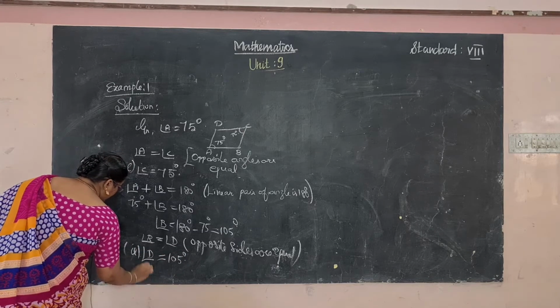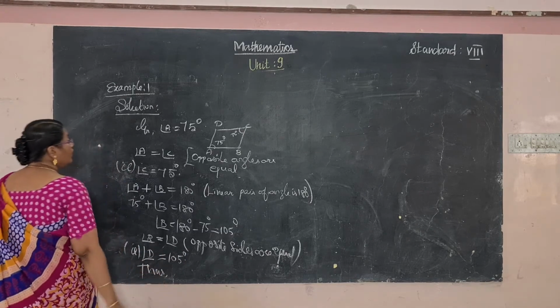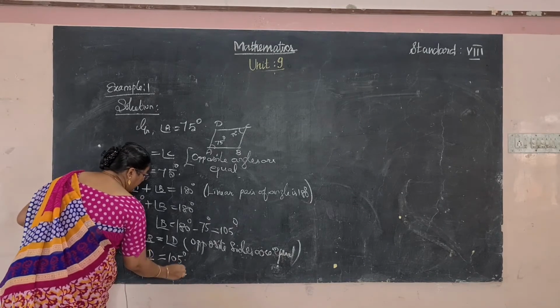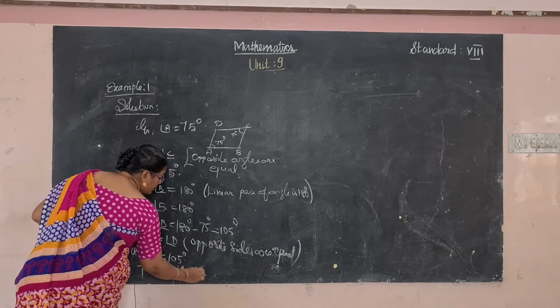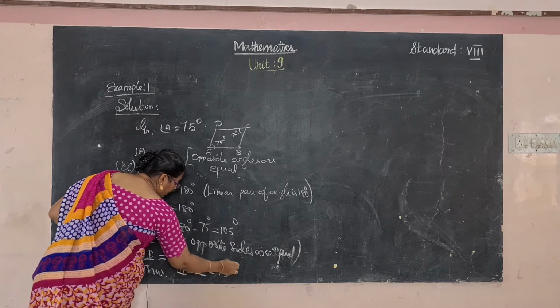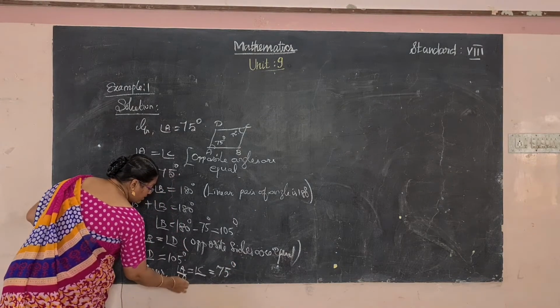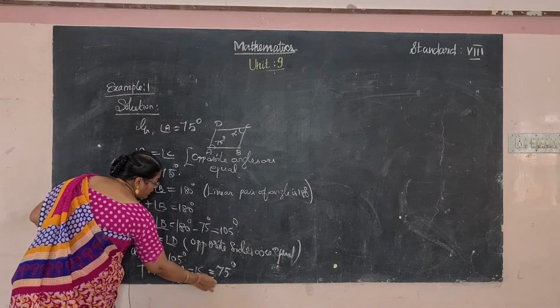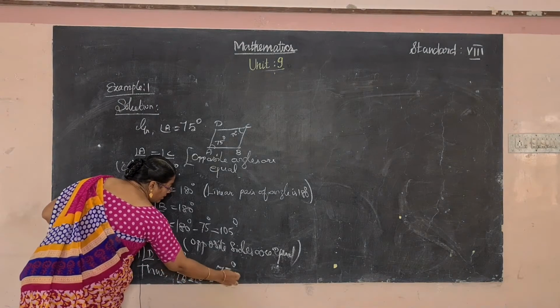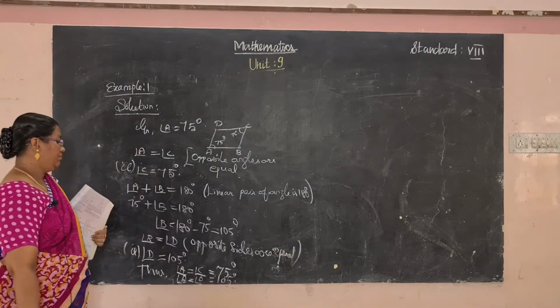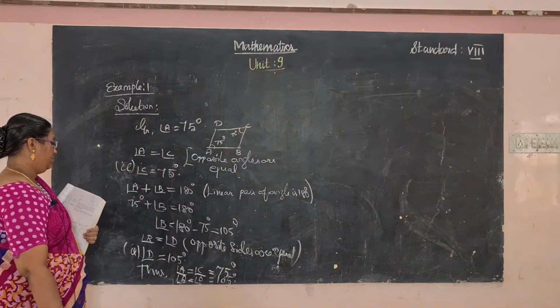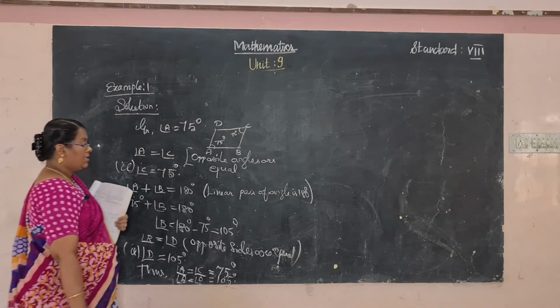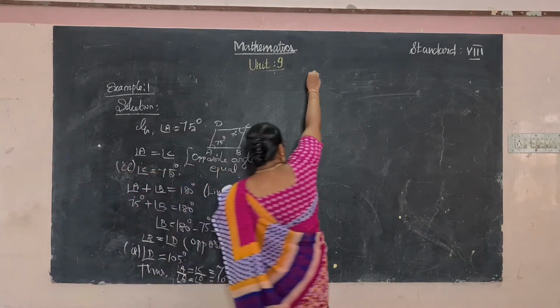Thus angle A is equal to angle C is equal to 75 degrees. Angle B is equal to angle D is equal to 105 degrees. Right. Now move to the next example.